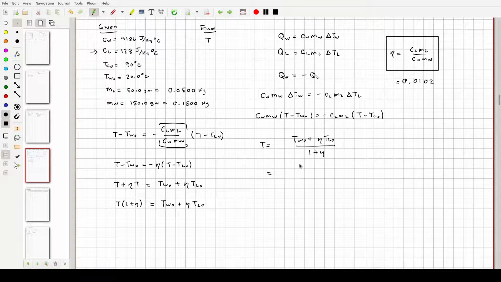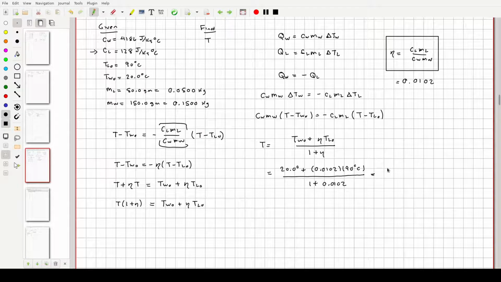So if I were to go ahead and plug stuff in, the temperature of my water initially is 20.0 degrees. Eta is 0.0102. The temperature of my lead initially is 90 degrees. Actually, just 90 degrees, there's no 0.0 there. And then I'm going to divide by 1 plus 0.0102.